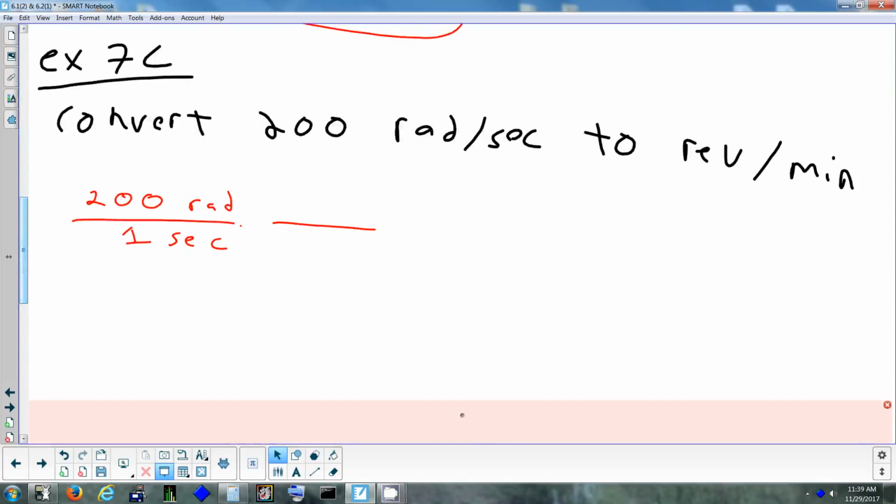Let's start with converting radians to revolutions. Okay? And then we'll worry about seconds to minutes. So radians would just be 180 and revolutions would be 360, right? So if you're thinking 180, that has to do with degrees, if you wanted to change radians to degrees or something else. But what's the connection between how many radians in one revolution?